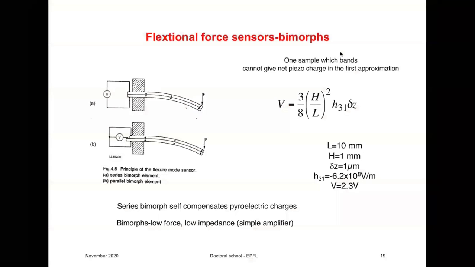And with the bimorph, you have two ways to do that. You can make a bimorph element electrically in series, or electrically in parallel. Okay, so here you have, let's say, a negative on this side, and here you also have negative.